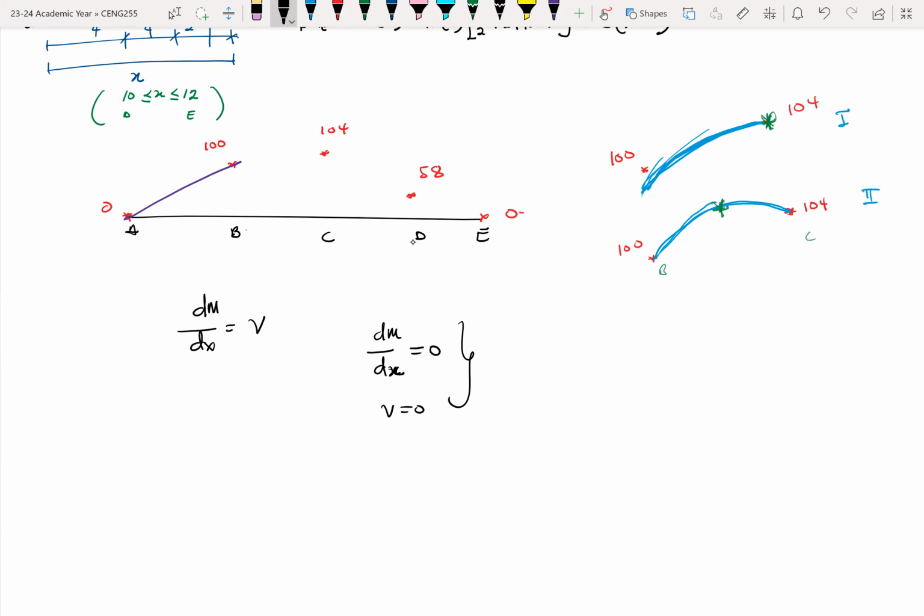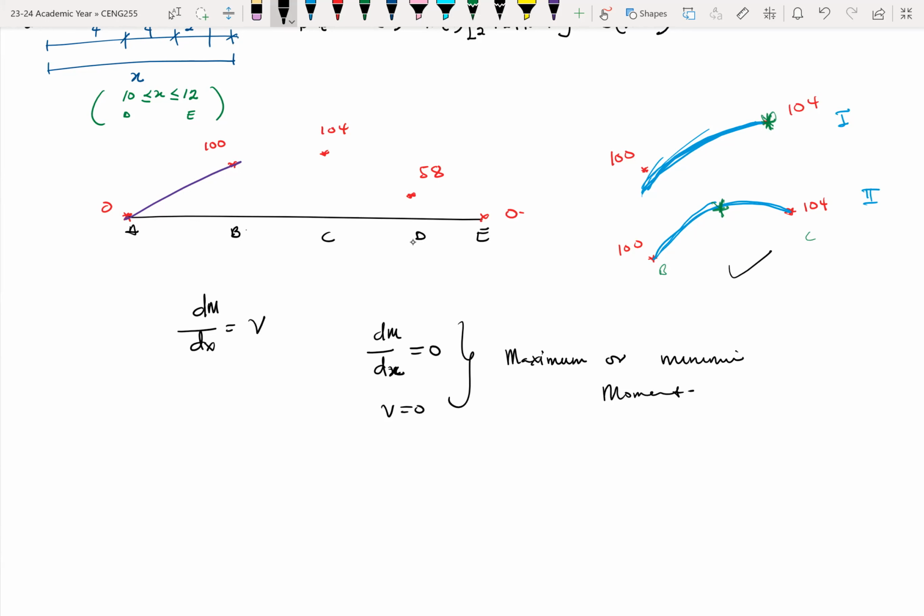This would only occur where you have your maximum or minimum moment. So this means that case 2 would be the better option to go with.